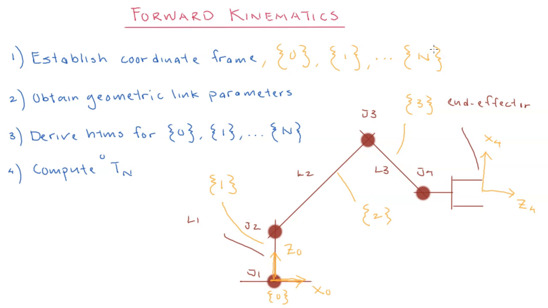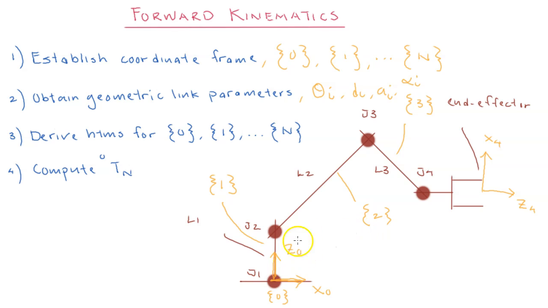In the next step, we have to obtain the geometric link parameters. As we will see later, these are the geometric link parameters: theta i, which is the joint variable in our case because we'll only be considering revolute joints, d i, a i, and alpha i. So i here refers to link i.